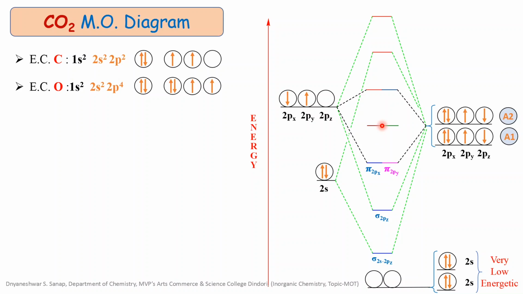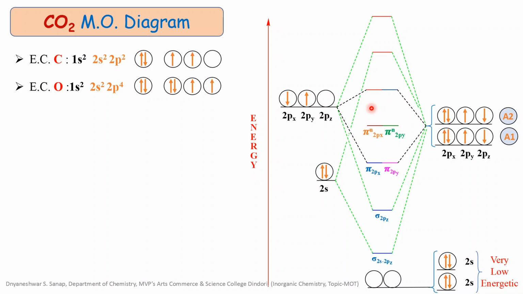The next important molecular orbitals are the non-bonding molecular orbitals, which are produced by the combination of the 2px or 2py atomic orbitals of carbon with the 2px or 2py atomic orbitals of the oxygen atoms. That's why they are denoted by the symbol pi n 2px or pi n 2py non-bonding molecular orbitals.